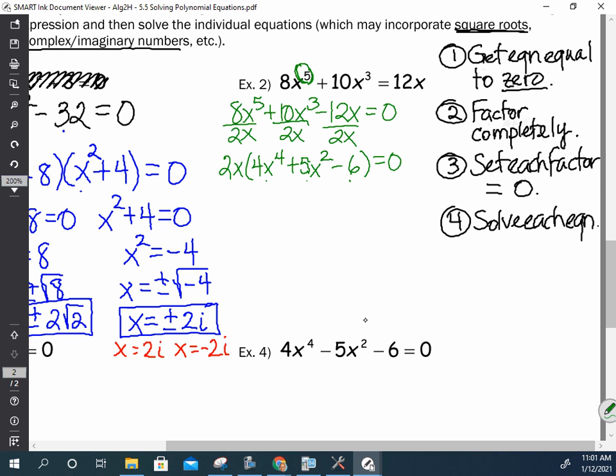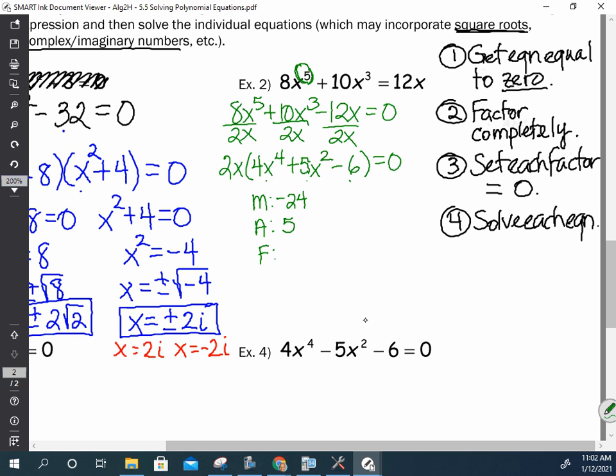We've got 3 terms. So it's MAF time. We need 2 numbers that multiply to negative 24 and add to a positive 5. What are we working with here? What numbers can we use? 3 is one. What kind of 3?